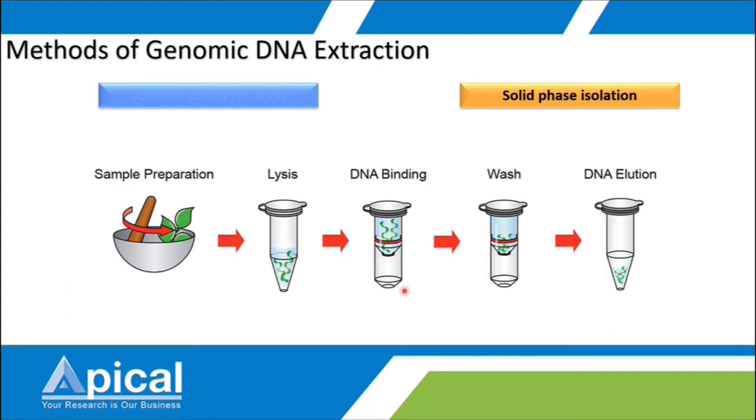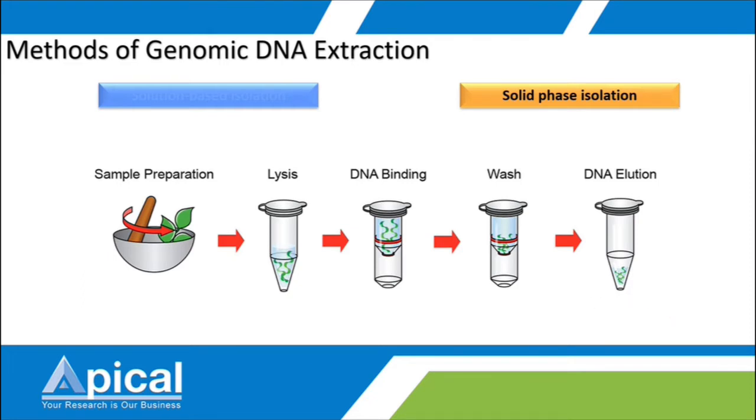The principle is actually quite simple. The DNA will bind to the silica membrane or the magnetic beads in the presence of a high concentration of chaotropic salt. And the contaminants like protein and RNA will be washed away. So you can get the DNA later eluted in water or a low salt buffer.